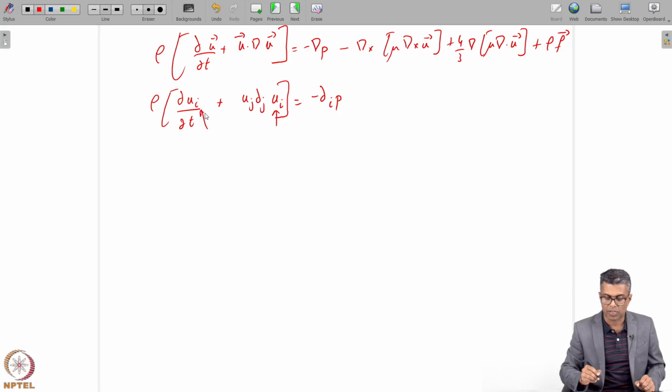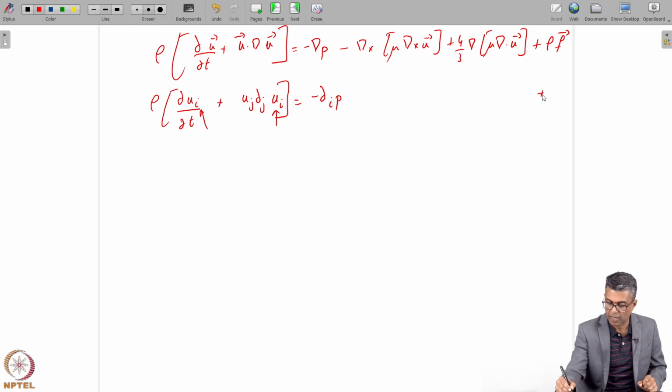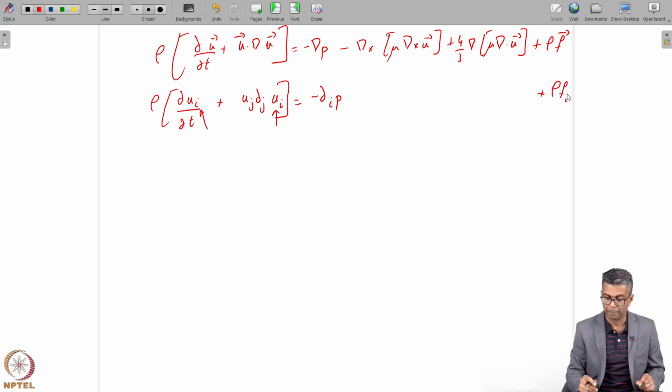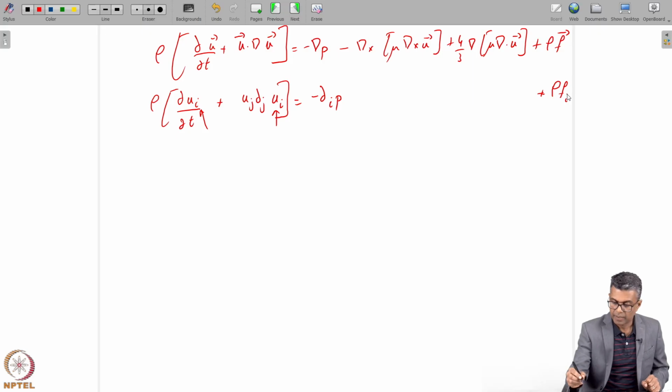Then I'll come to this del cross term in a bit, because that is actually going to be the more complicated term. I'll start from the body force. It's a relatively simple term to do. So that would be rho Fi, because it is in the direction of i. Now here again, I want it to be in the direction of i, so the last but one term would be 4/3.